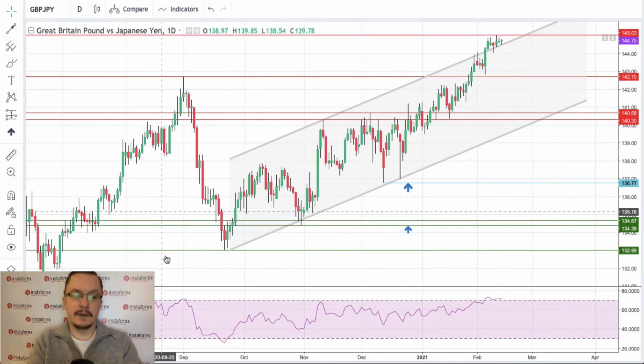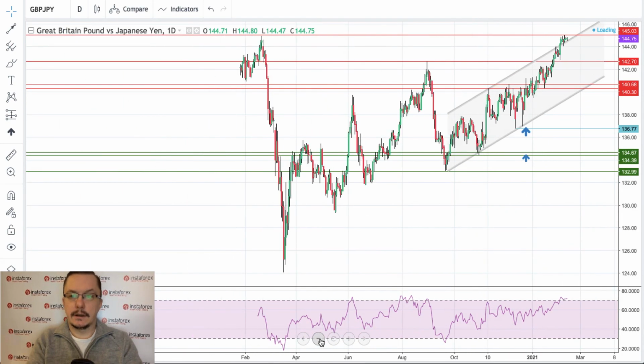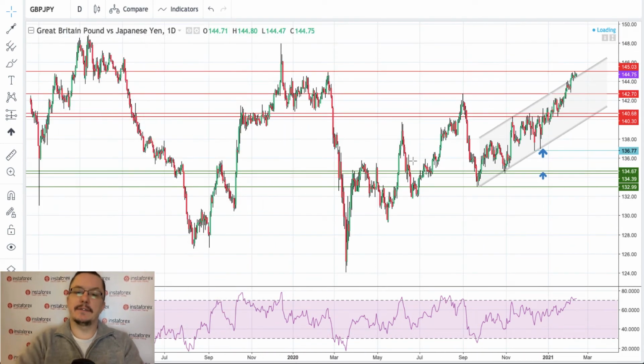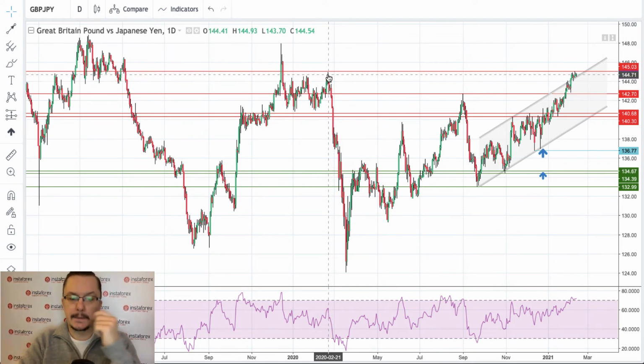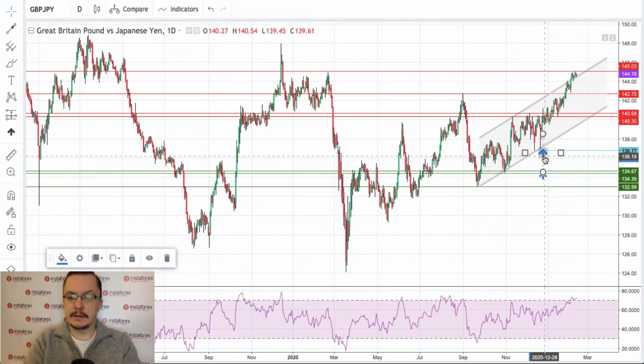Okay, 145. So let's see where the price says. Oh, there you go, now everything is clear. You see, this was the high from the 21st of February 2020. That was the high of this small rally, and now it's a technical resistance.